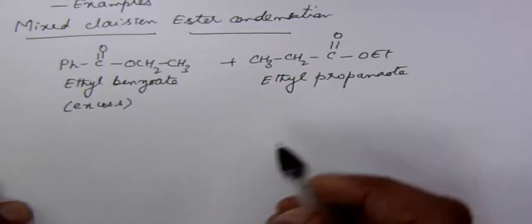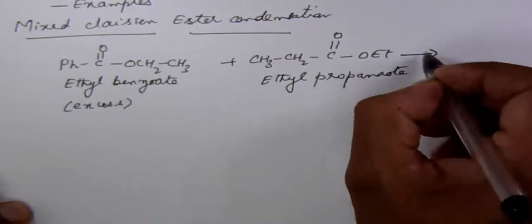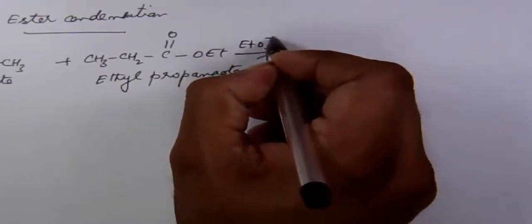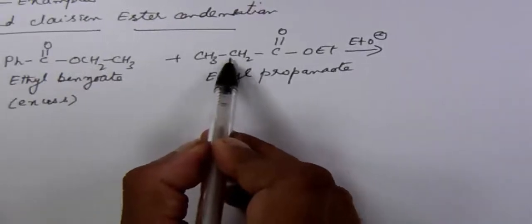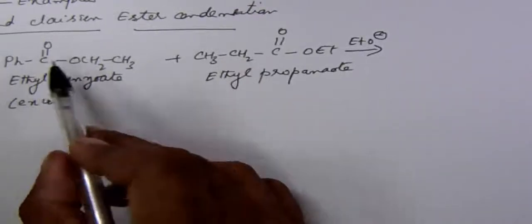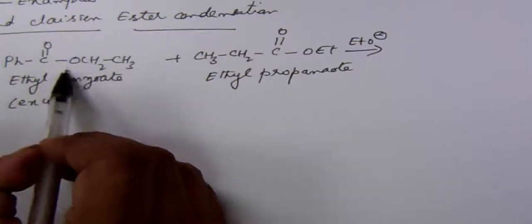So first I'm going to add EtO minus to this, the strong base, and the EtO minus is going to take out this alpha hydrogen. It is going to turn it into a carbanion. The carbanion attacks, this shifts to O, and then the O minus comes back and this one leaves.